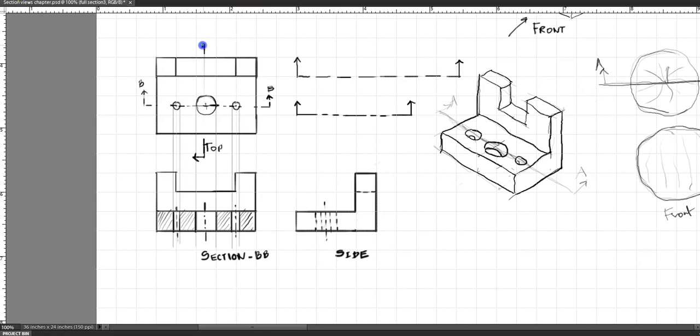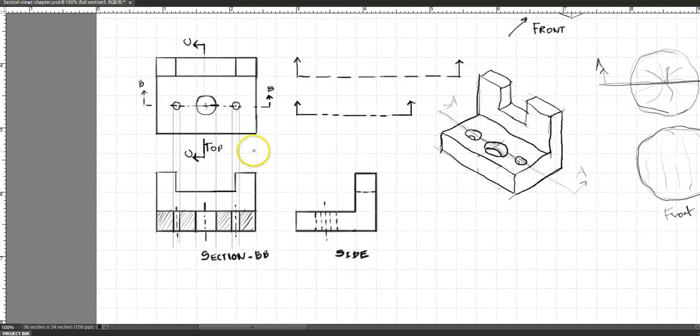Again, both of them are going through the hole. Not this way. Okay, so if I already have BB, I can call this AA or CC. And this will be placed somewhere on my sheet, and most probably it will be placed on this side.